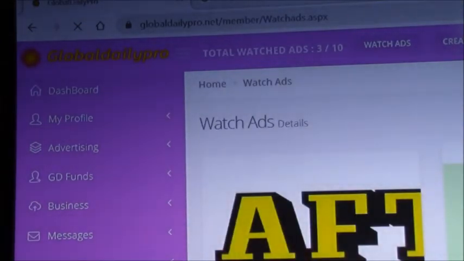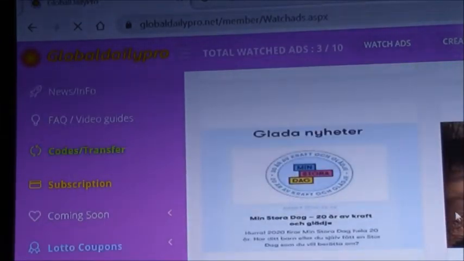See, I have 3 ads already. I'm gonna show you these 10 ads so you will learn how easy this is.